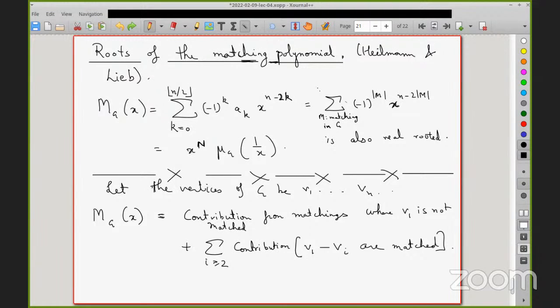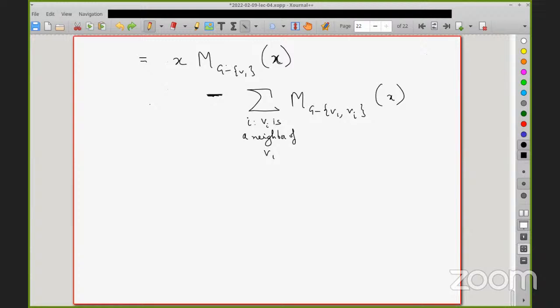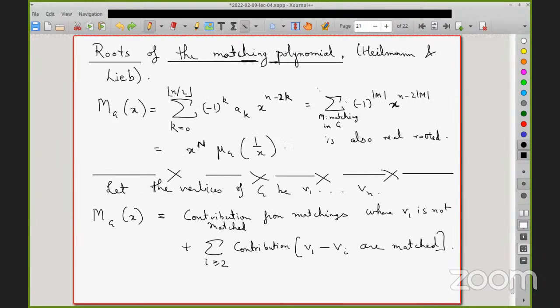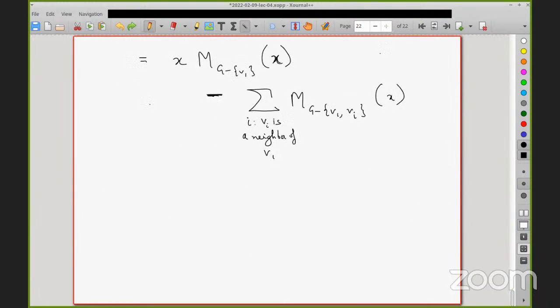Then there's a minus sign, because that is one edge in the matching. Plus, we look at all the matchings in the graph G minus V1 Vi. You remove that vertex pair from the graph, because V1 and Vi can't be matched anymore; they've already been matched. Now, what can the other vertices do? That's what this polynomial is. Is it fine?